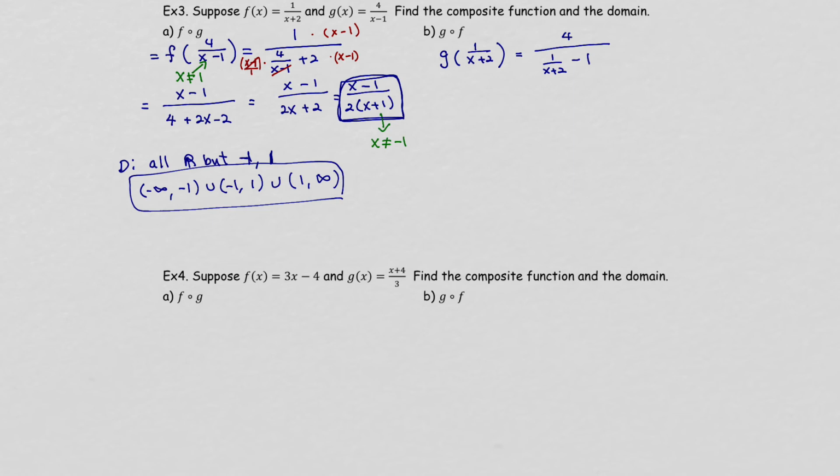Again, you're going to multiply by x plus 2 everywhere to get rid of the denominator. And when you distribute, you get 4x plus 8 on the numerator.